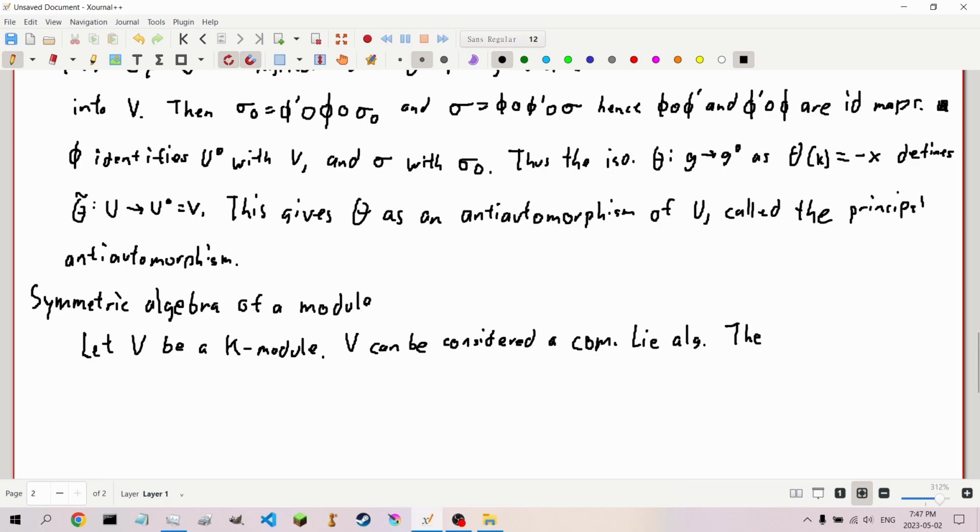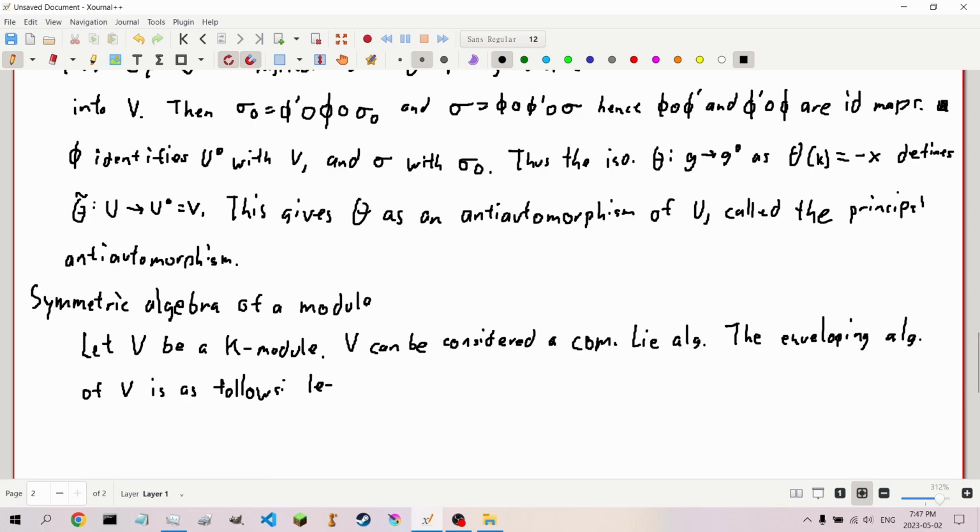So what is the enveloping algebra of this commutative Lie bracket? And this is going to be as follows.